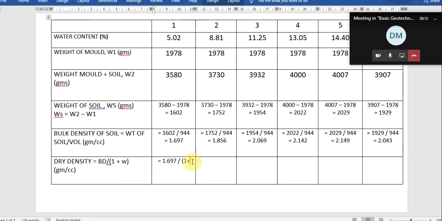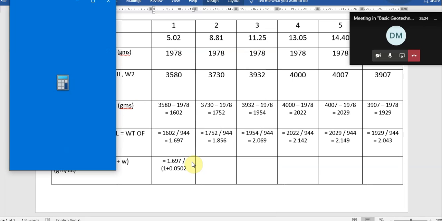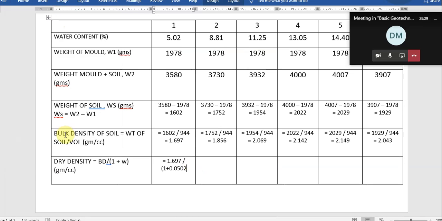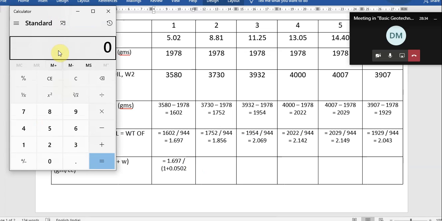So 5% is nothing but 5 by 100. So you have to keep water content in terms of decimal. 5.02% is 0.0502.